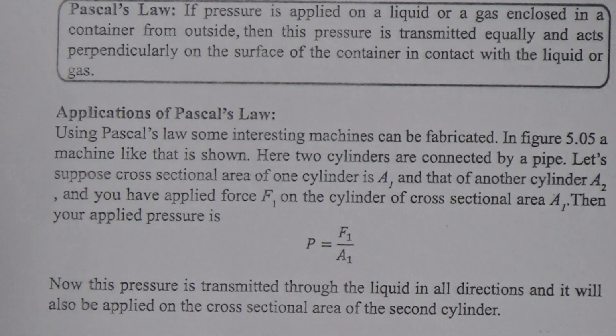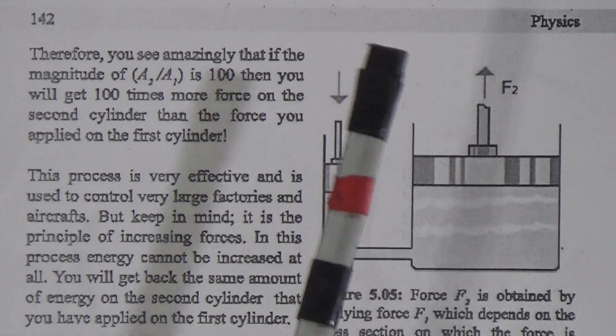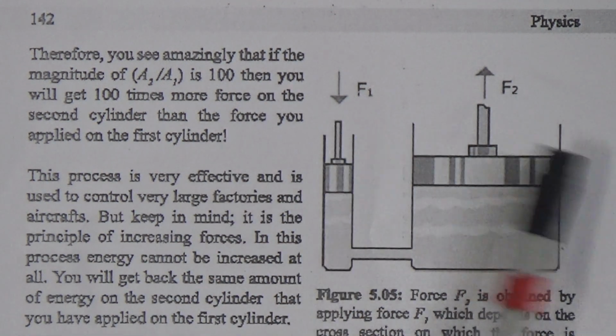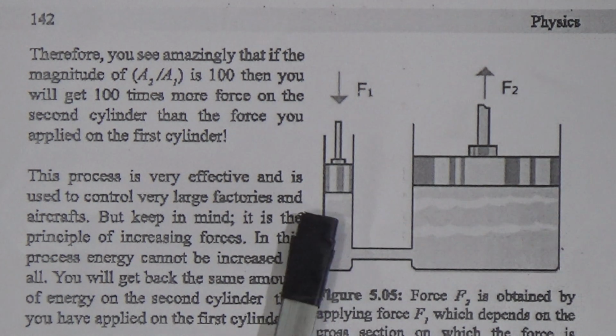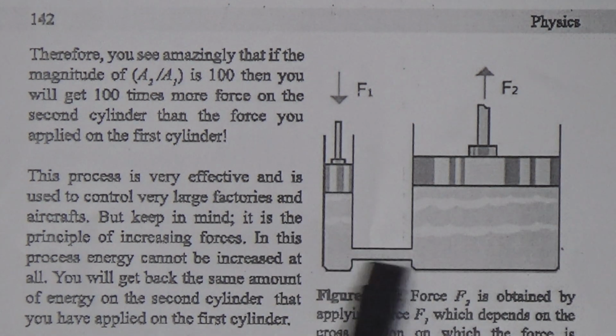In the figure, a machine like this is shown, and here are two cylinders connected by a pipe. This is the first cylinder and this one is the second cylinder, and these two cylinders are connected by a pipe.